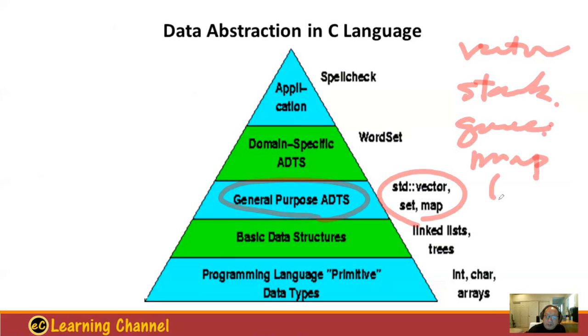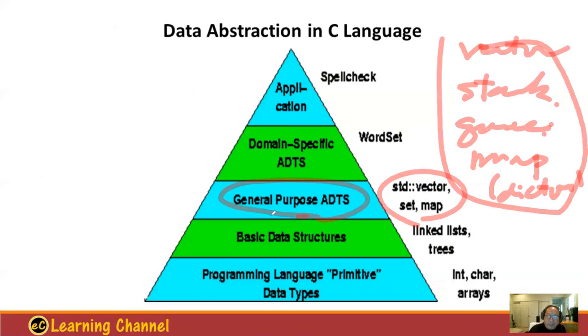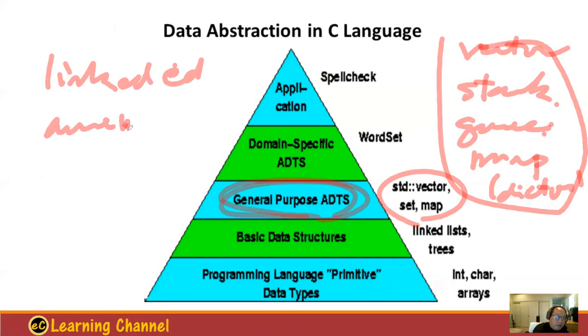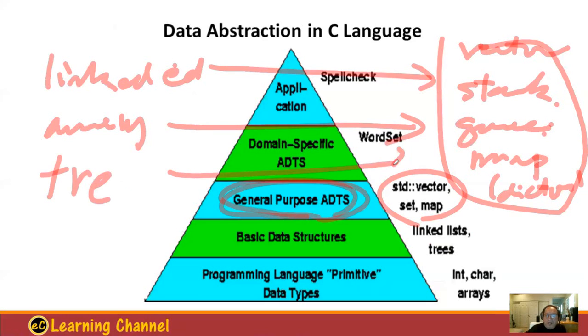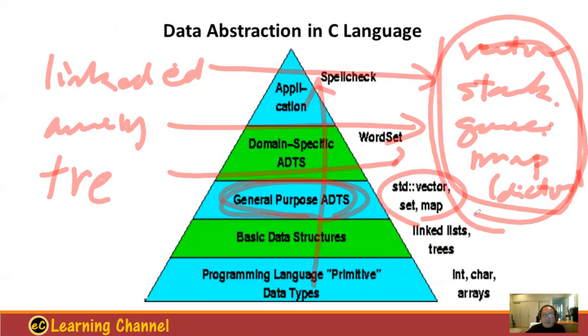Map is actually dictionary. These different general purpose ADTs are on top of the basic link structures and arrays. Most of the time we use the array, link structure and tree to implement these general purpose ADTs.